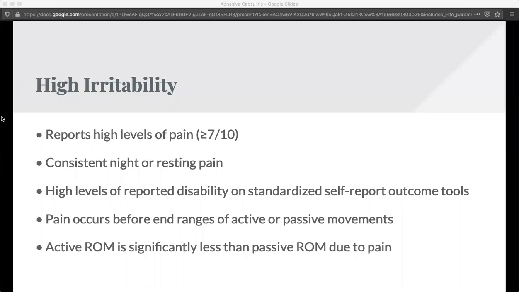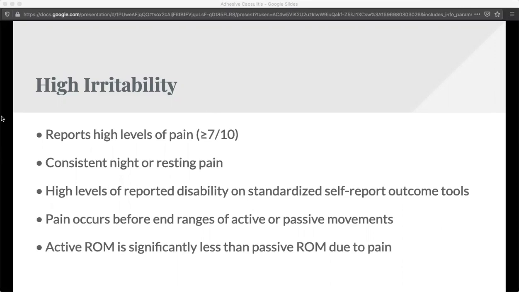So high irritability: level of pain on NPRS more than 7 on 10, so 7, 8, 9, very high pain. Consistent night or resting pain, hurts every single night. It's not like once or 2 times a week. Every single night they have pain. When you give them the QuickDASH score, they are off the charts, 80%, 90% disability.